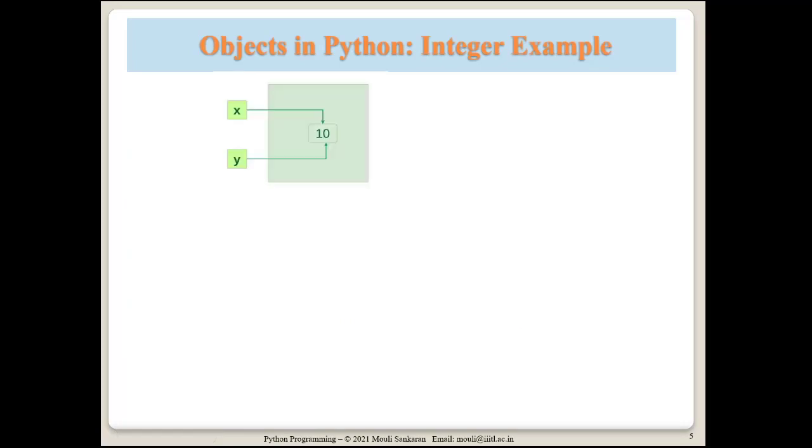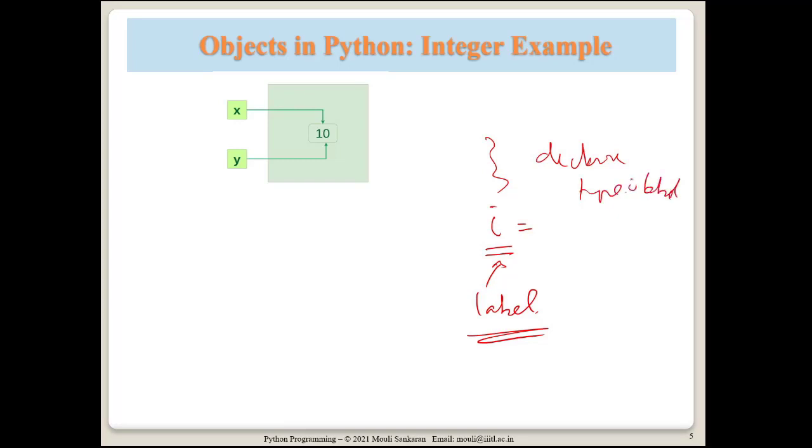So what is uniqueness in Python is, suppose you are declaring a variable. What you do is you just define a label. Okay, label. You don't need to declare a type for this label, like int i.